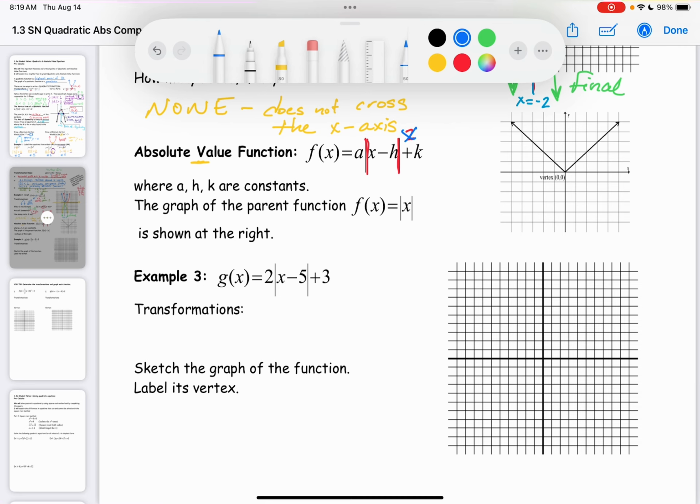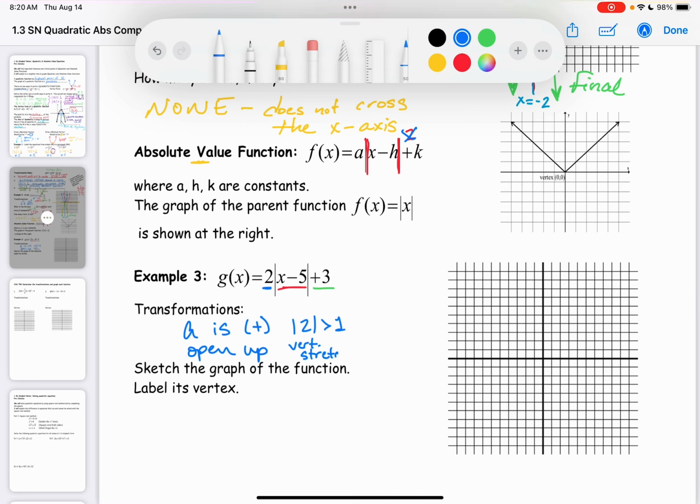We've got our A value, our H, and our K. So looking at these, the A is positive, which means it's going to open up, all right? The absolute value of A is greater than 1, which means it's going to vertically stretch.